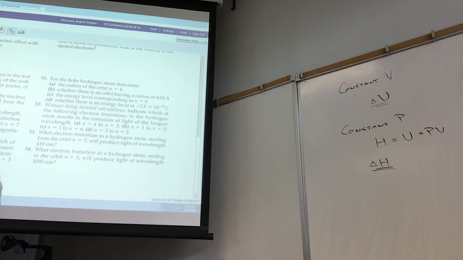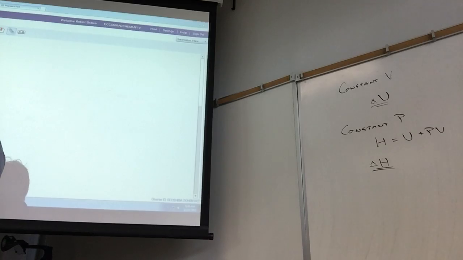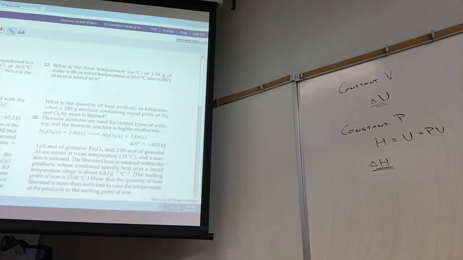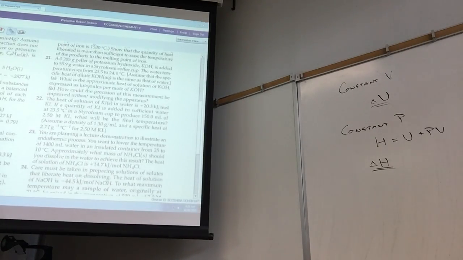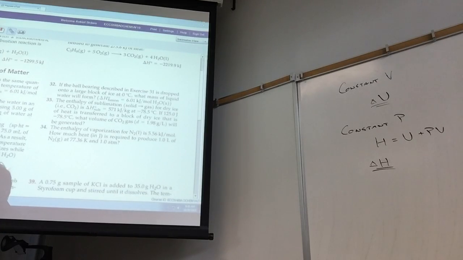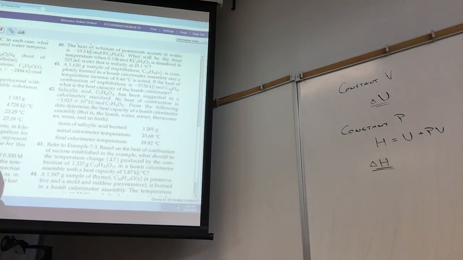Oops, this is chapter 8. We have to make comparisons between what if we did it, so we might have data for constant volume energy, but we might think, what if we did it under constant pressure? How would that energy differ? Or we might have data at constant pressure, and we think, what if we did it at constant volume?